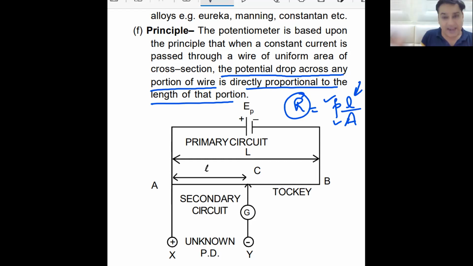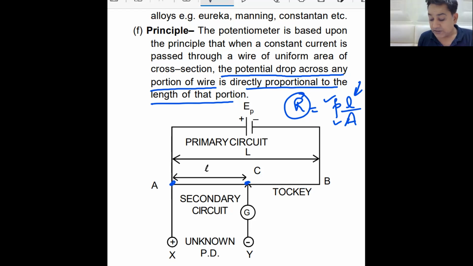Yes, sir. And since the resistance is directly proportional to L, and the resistance does not change with temperature, the potential drop across any 2 points will be proportional to the length of that portion. Do we understand this? Yes, sir.